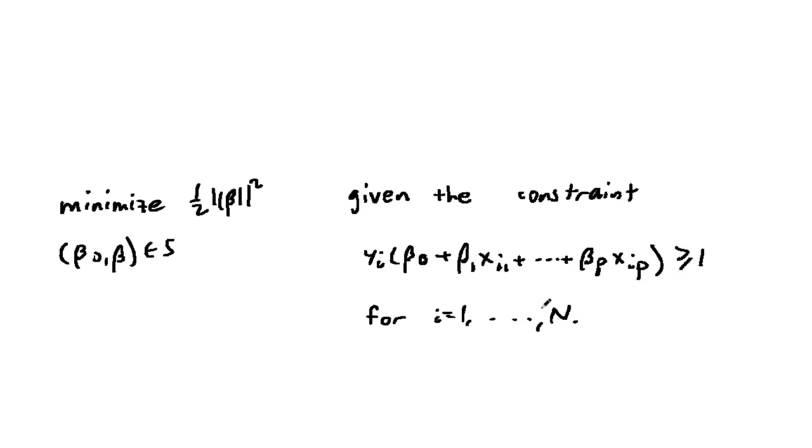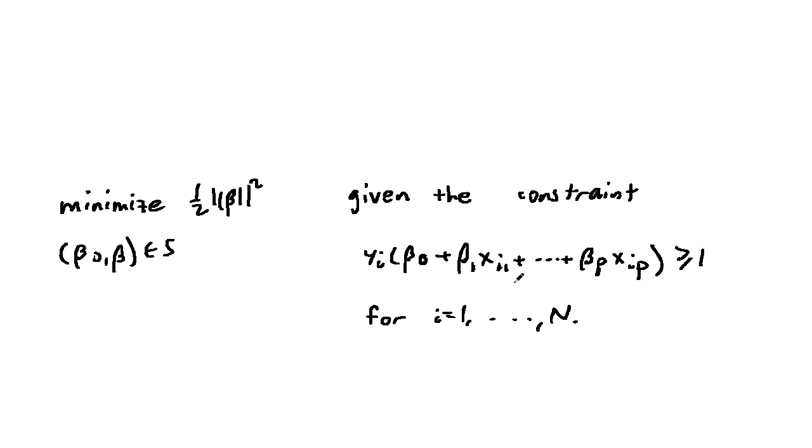The requirement that beta naught beta lies in S is unnecessary because of the constraint that y i times beta naught plus dot dot dot plus beta p x i p is greater than or equal to 1 for all of the i's.